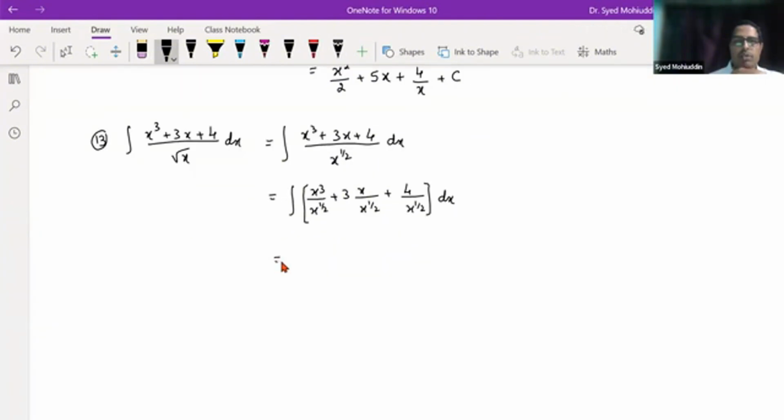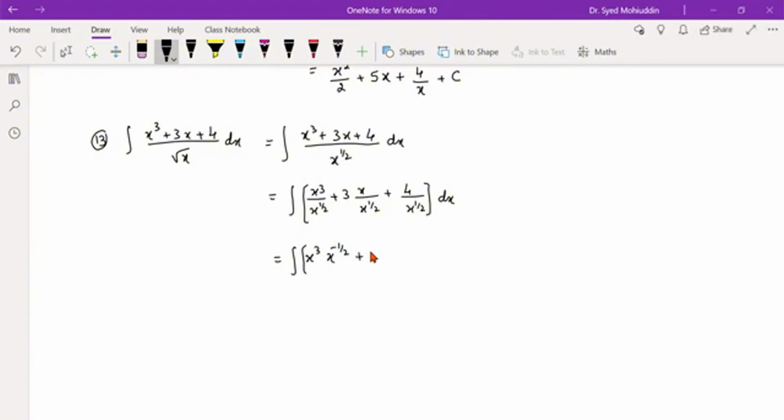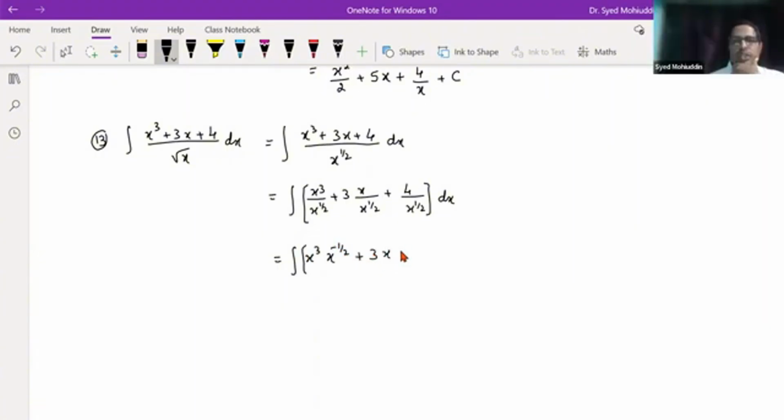This can further be simplified and written as the integral of x cube as it is, x power of half, when it goes to the numerator, becomes x power of minus half, plus 3 into x as it is, times x power of minus half, plus 4 x power of minus half times dx.